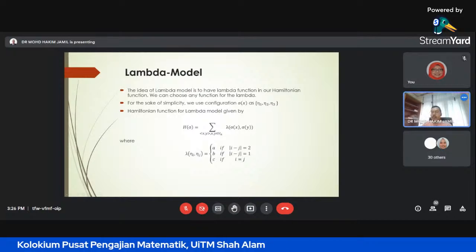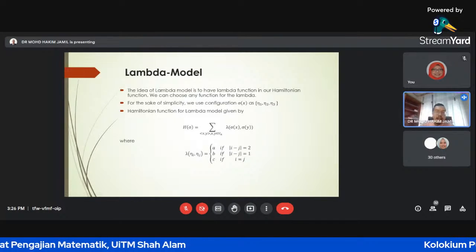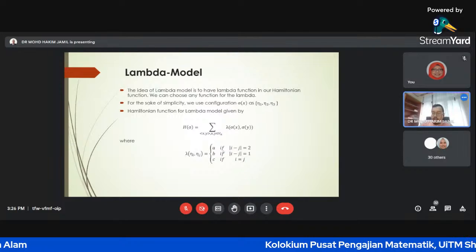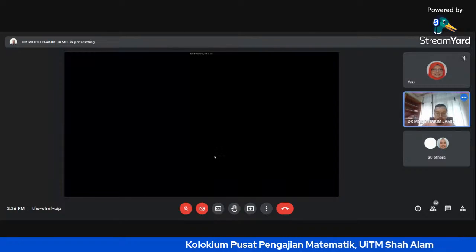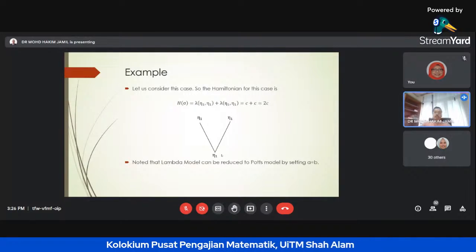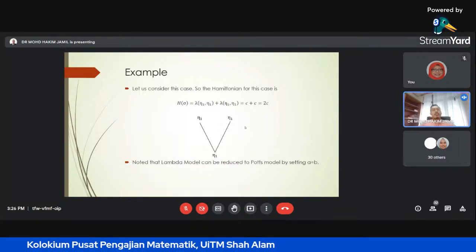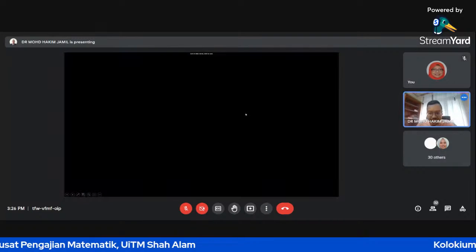So frankly speaking, we can say that the lambda model is a generalization of the Potts model. Okay, so that's all for my presentation for today.